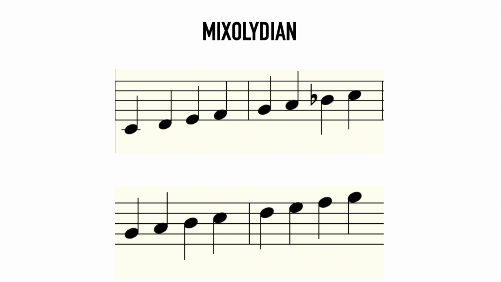Next we have Mixolydian, which is the same as that major scale, but with a flat 7th degree. Or we could think of it as a major scale, but starting on the 5th degree. In this case, we're going to have the 5th degree of C major, G, and play the notes starting there. So here's C Mixolydian. And G Mixolydian.